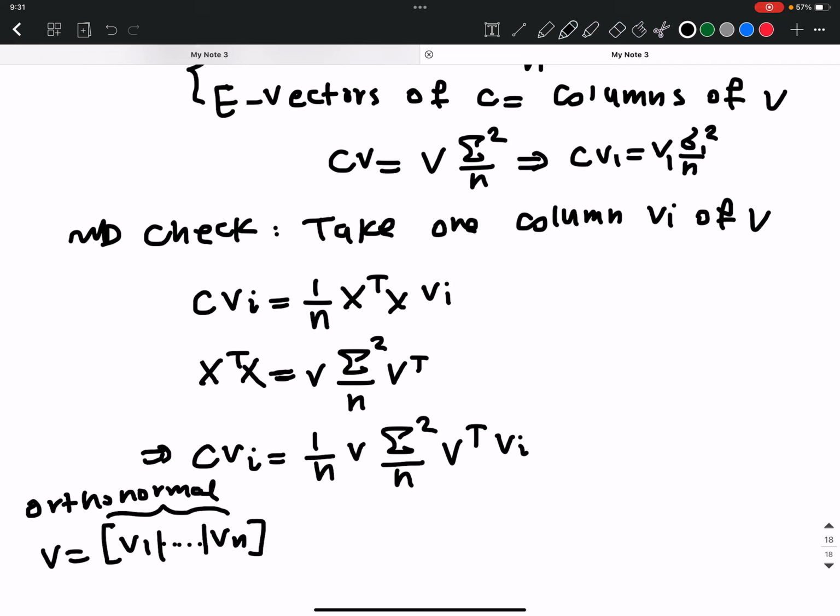And then what would be V^T times v_i? V^T times v_i is basically v_1^T v_i up to v_n^T times v_i.